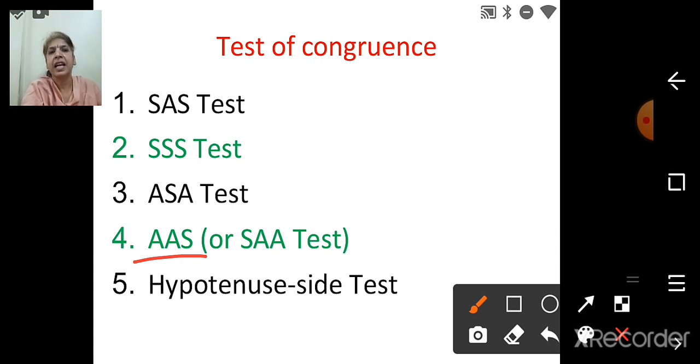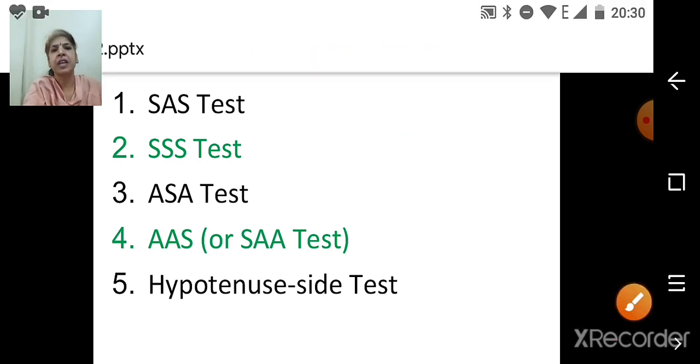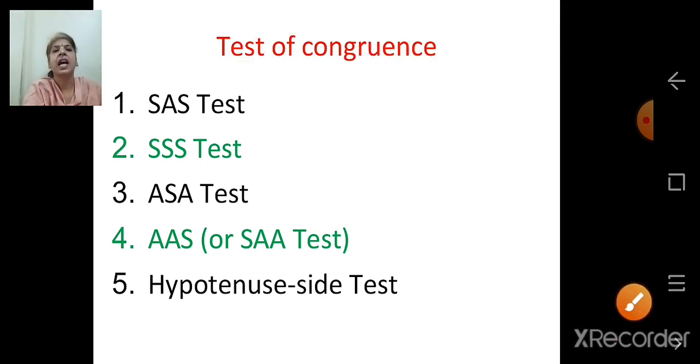And AAS, angle, angle, side, or you can also say SAA. So you can read it as AAS or SAA. But remember children, there is no test like ASS. Remember this, okay? And another one is the hypotenuse side test for right angled triangles.